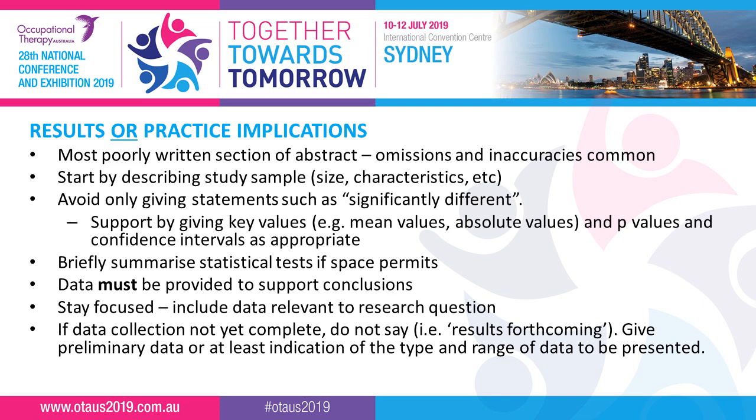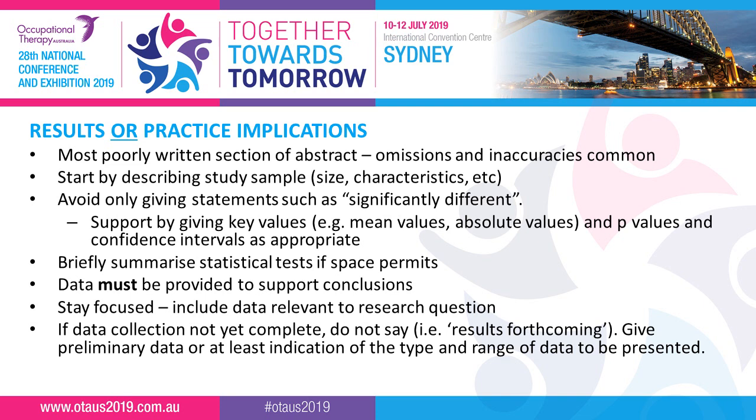And finally, we do allow submission of abstracts that refer to projects that haven't completed data collection yet. However, saying something like results will be presented is really going to undermine your ability to get reasonable ratings for this particular section.